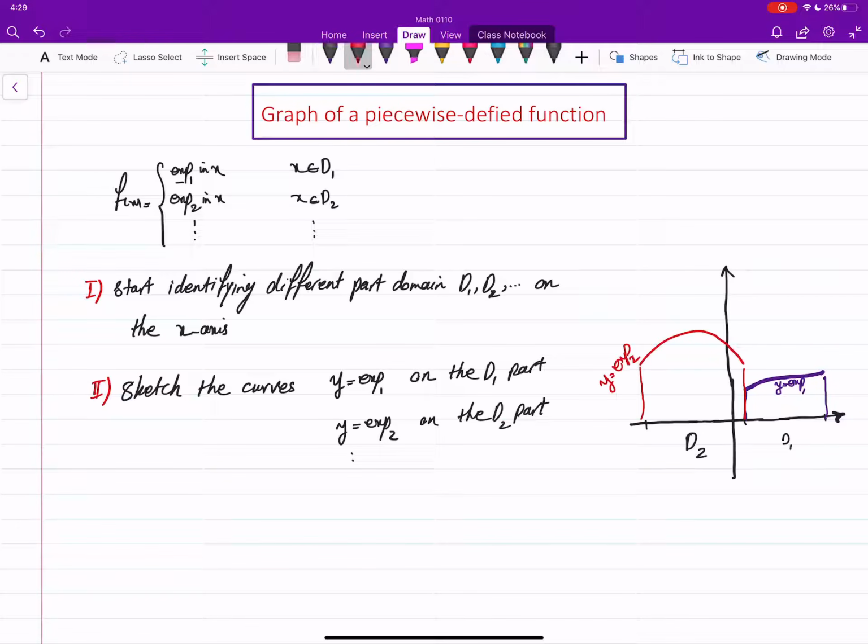And then the third point, which is somehow a convention I want you to follow, is that endpoints are important.